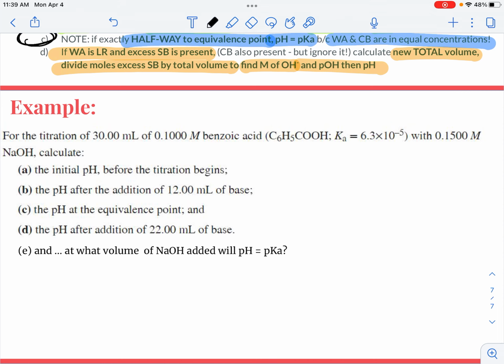So this example walks you through all these different scenarios, and I'm going to set it up the same way as I would have before, where before I begin, I'm going to find my moles of weak acid in the flask.